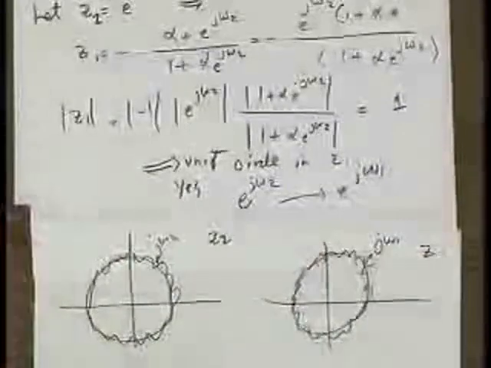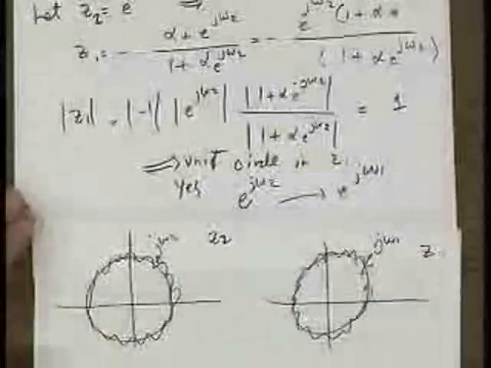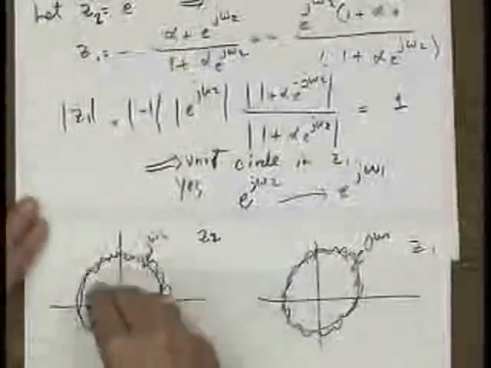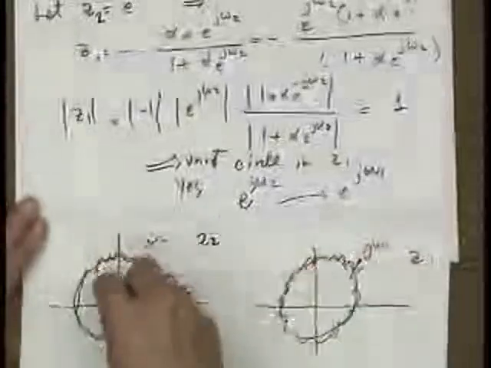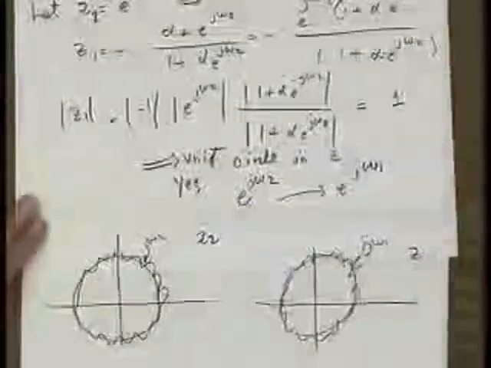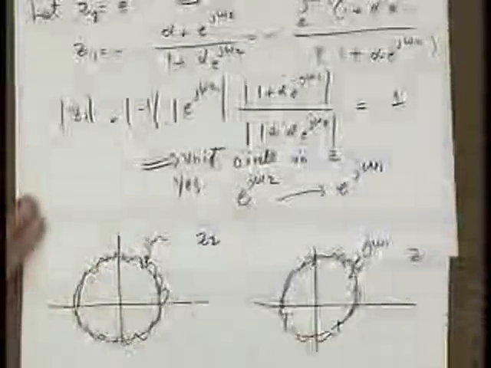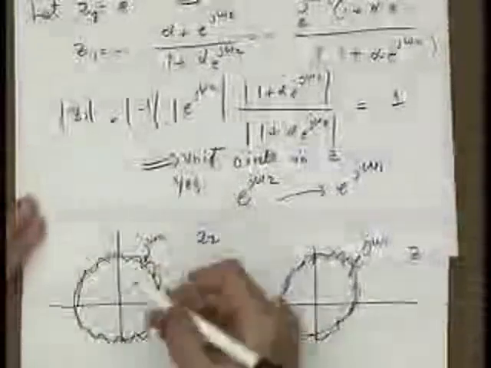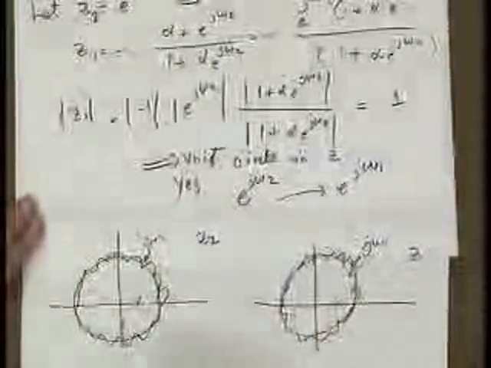Okay, and you can also show, I'm not going to do it, but the question is, does the inside of this get mapped to the inside of this one, or does the inside of this get mapped to the outside of this? And the answer is that the inside of this, you just pick a random point here, and you can show that it gets mapped inside.